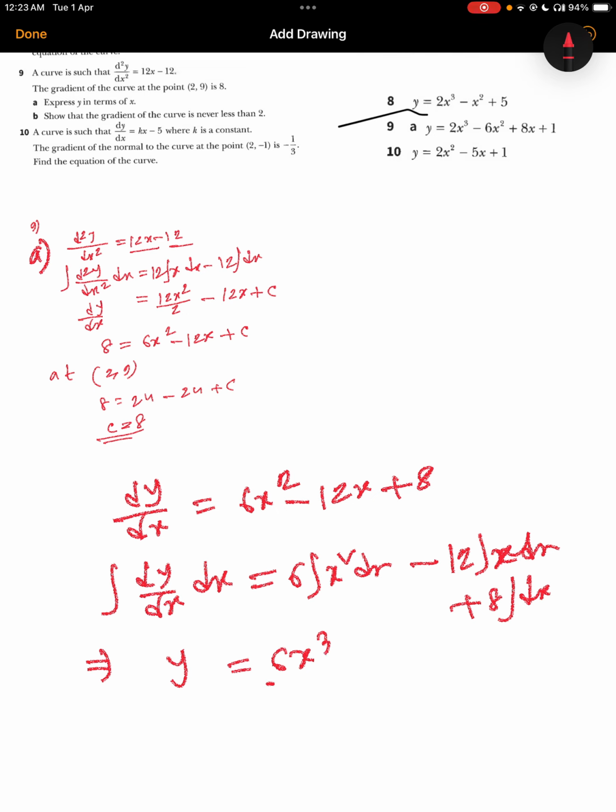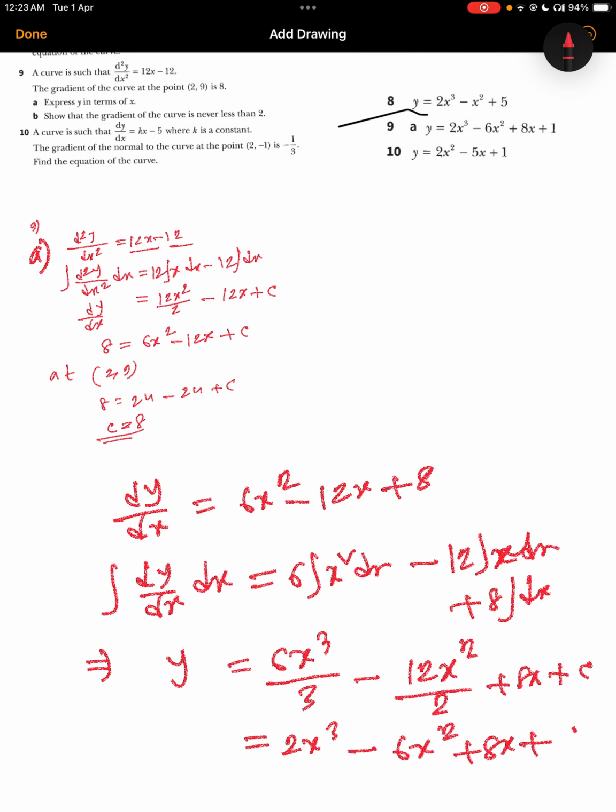So 6 times x cubed over 3, minus 12 x squared over 2, plus 8x plus c. Now the value would be 2x cubed minus 6x squared plus 8x plus c.